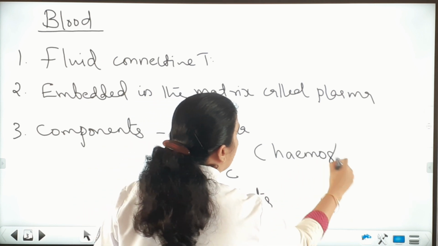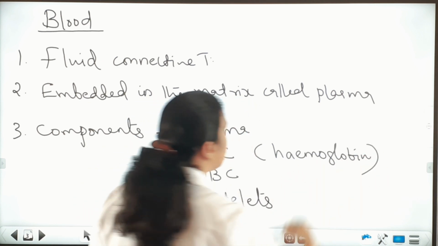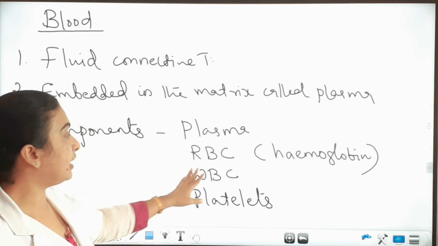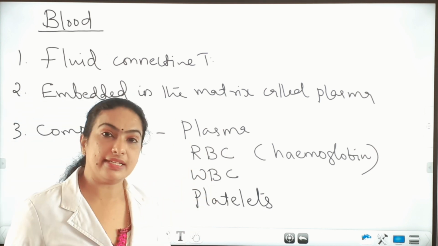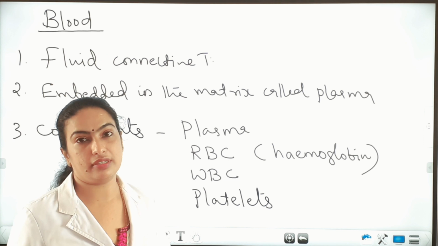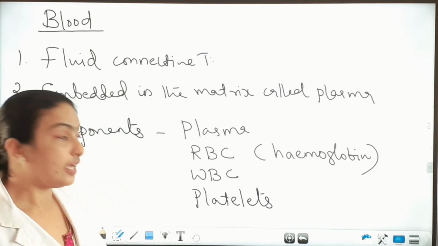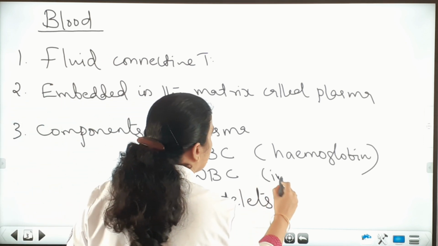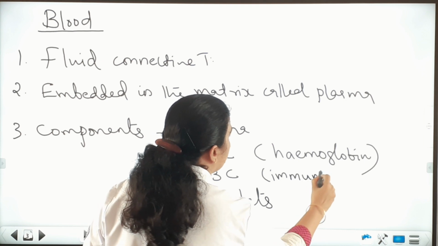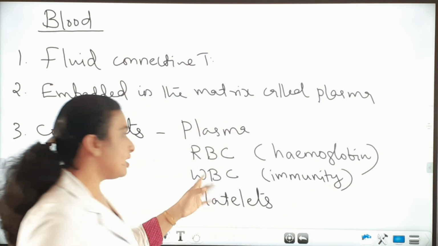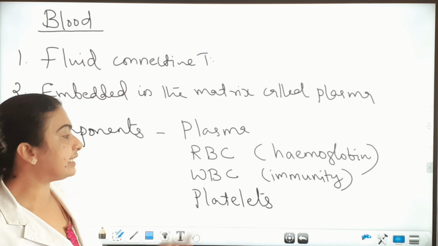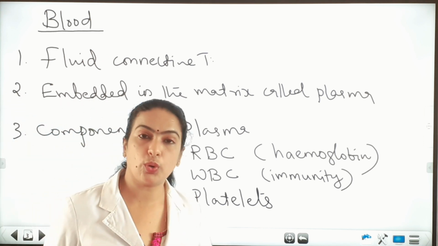WBC act as soldiers of the body. That means they provide immunity to the body, so they are called soldiers of the body. And platelets help to clot the blood.